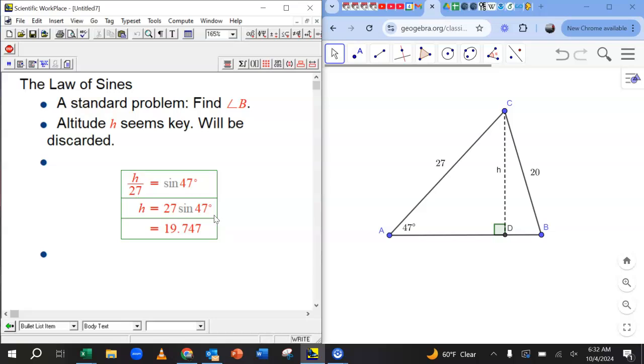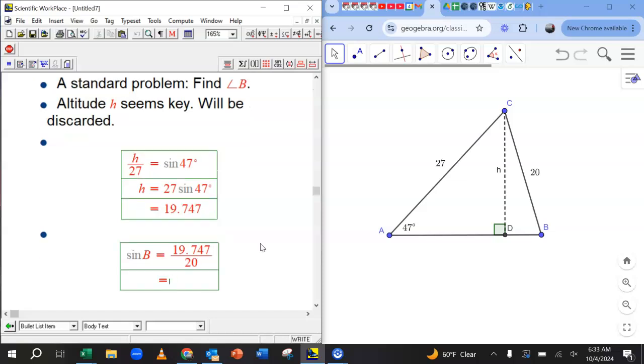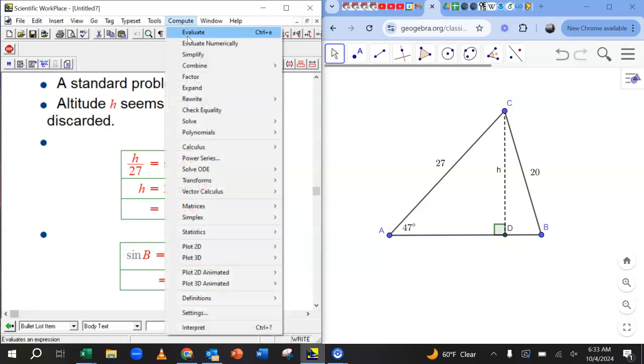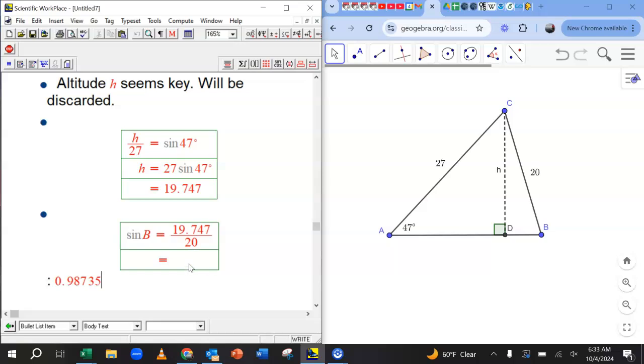Very similarly, but just a little backwards, we can say the same kind of thing about sine B. So sine of that unknown angle, well, that is that very same altitude divided by the hypotenuse of the right-hand right triangle. Let's evaluate that. It's pretty close to 1.